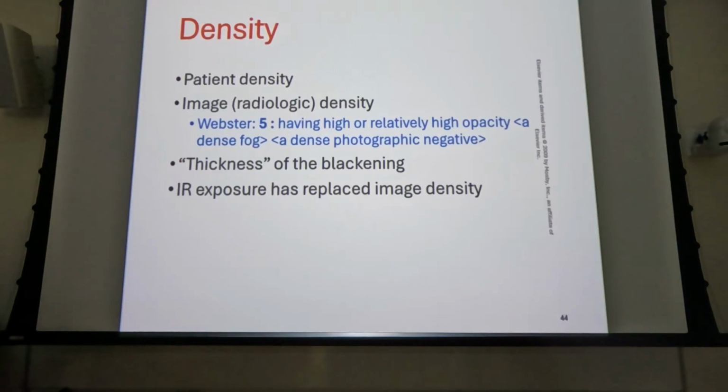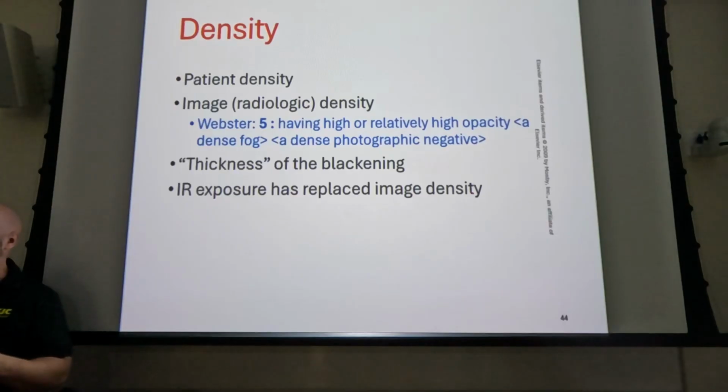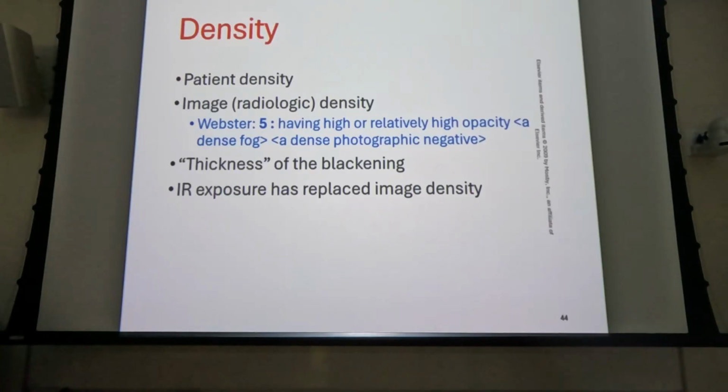So bone is more dense than soft tissue. Soft tissue is more dense than air. Right, so you're going to have questions that'll say, number or list the tissue types from least to most dense.